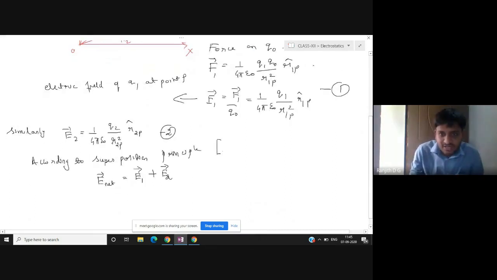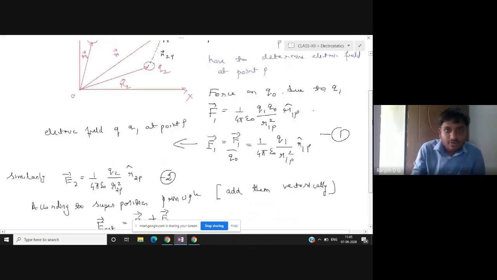This is the meaning of superposition. You should add them vectorially. So let us see how to add them vectorially.